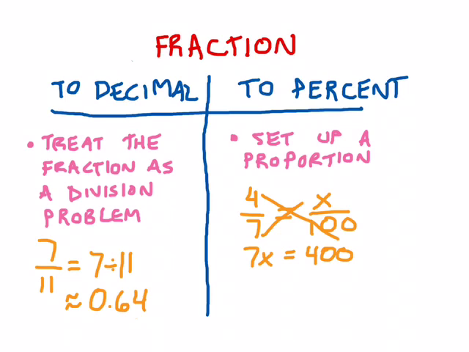I finished my equation solving by dividing both sides by 7. I was multiplying x by 7, so I solved by dividing by 7. These 7's cancel out. My x value, my percentage, is 400 divided by 7. Again, I'm plugging that into a calculator, and I end up with 57 and an unending decimal going 14286, and so on.